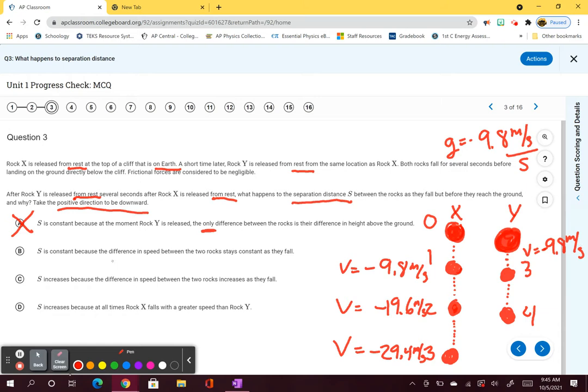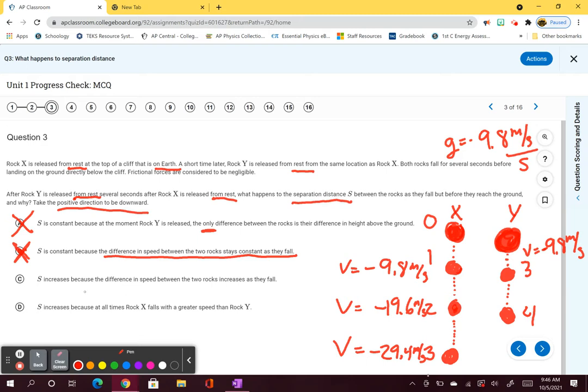So we know at least this part of the statement is true. But let's keep going. Because we didn't say it's going to be constant. When we were talking about it, we said it was going to change, because at 3 seconds, Y is only falling at 9.8, where X is falling at 29.4 meters. X is going to fall further than Y, so it's not going to stay constant. So we can go ahead and X that out.